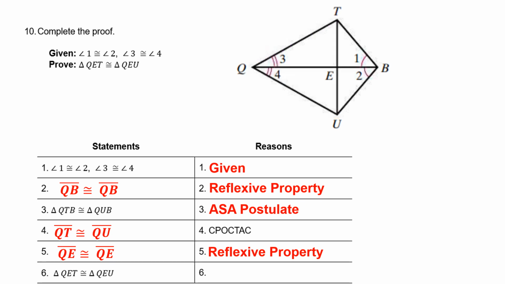Right, so let's take all that away and let's mark what we know is congruent. So I'm just making my diagram a little bit more clear. Right, so we know that line segment QT is congruent to line segment QU. We also know that QE is congruent to itself. All right, that helps a ton. Now we can see what postulate we're supposed to use.